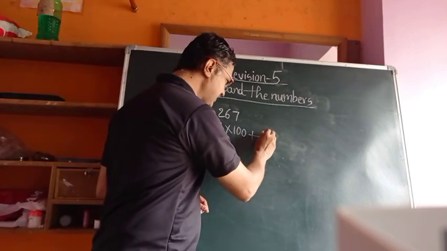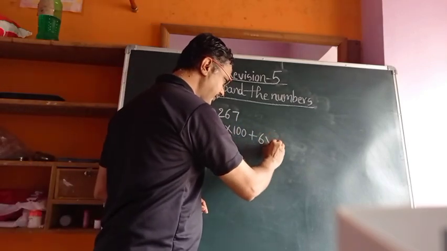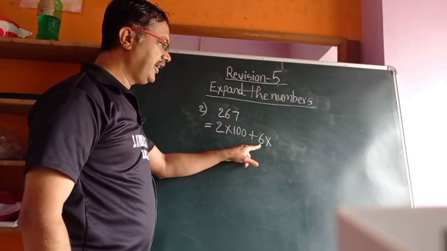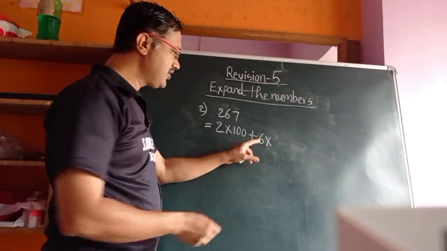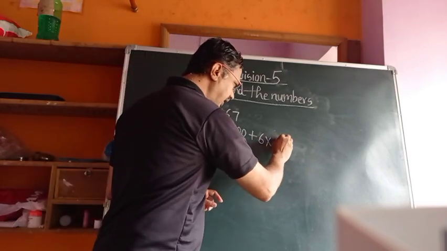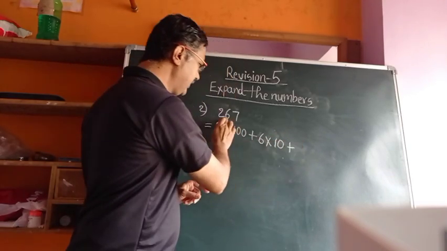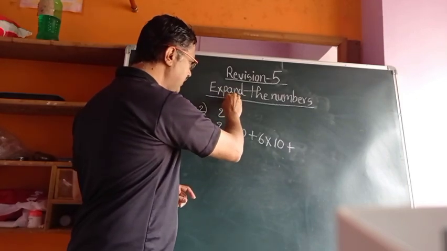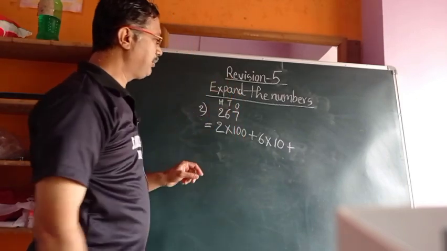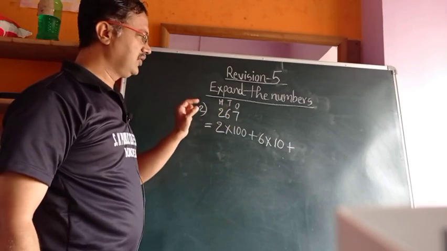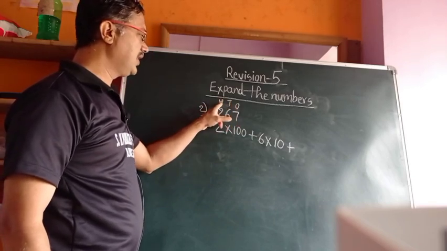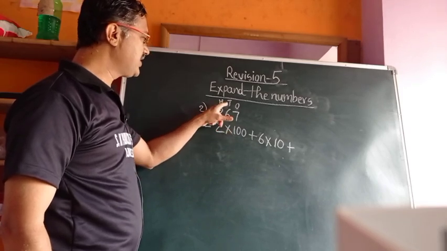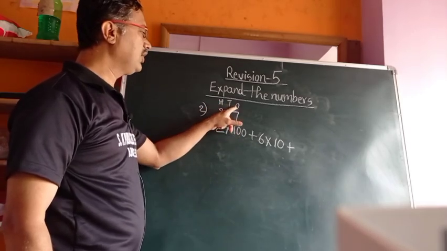Now we are writing this 6 as usual. After 100 comes 10. It is in the tens place. Ones, tens, hundreds. 200, 6 tens, 7 ones.